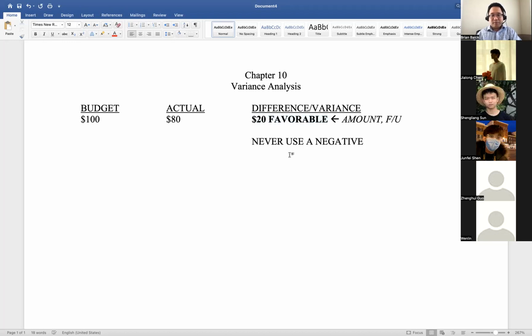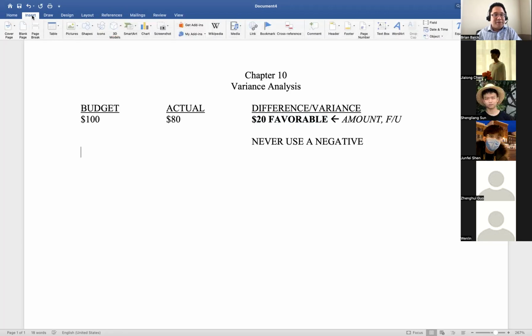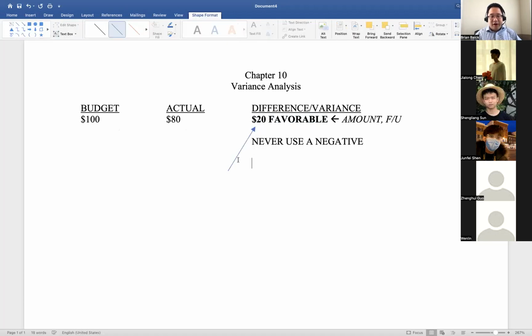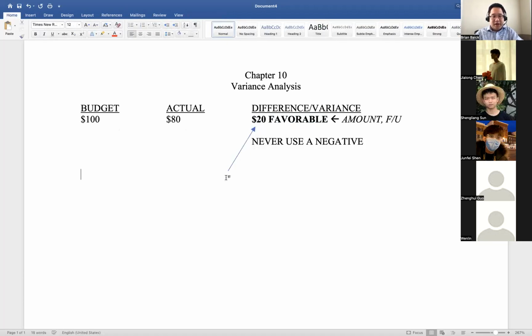When it comes to variances, we actually have three kinds. In the example we have here, you spent less than you expected to. So that's a $20 variance and it's favorable. It's a good thing, right? Now, variances occur because of three different reasons.